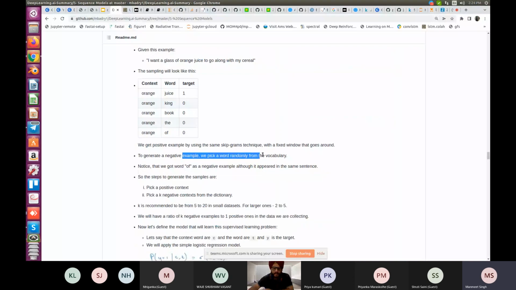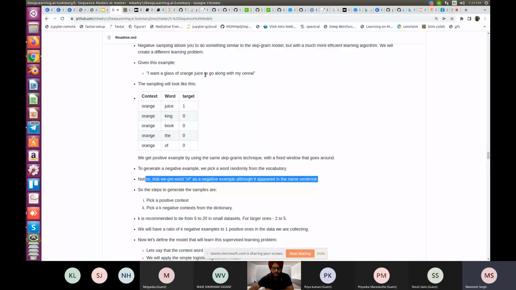Notice that we got the word "of" as a negative example, although it appeared in the same sentence. Although this word "of" appeared near the word orange, it is still considered a negative sample, because it will not give you any idea of what comes next. If I just give you the word "of", you cannot tell what will come after that.